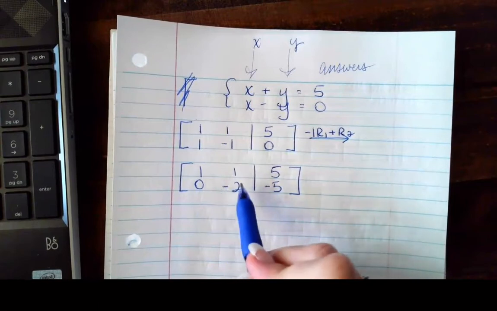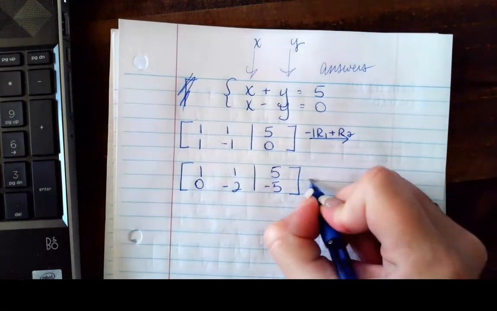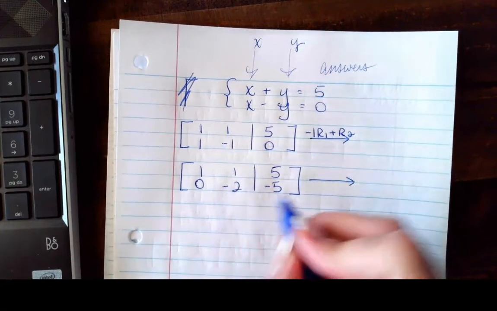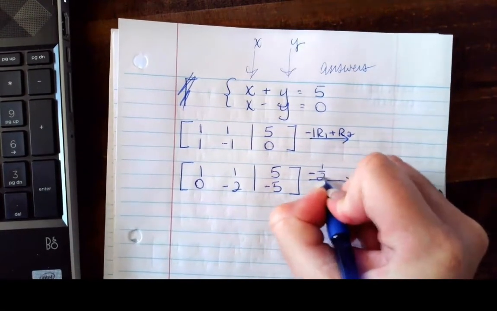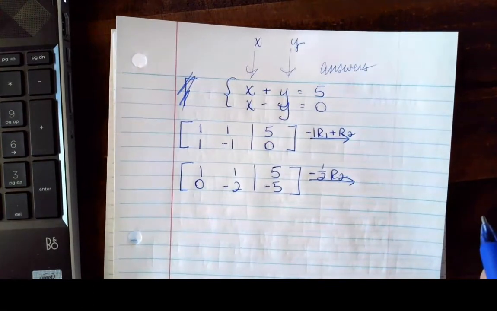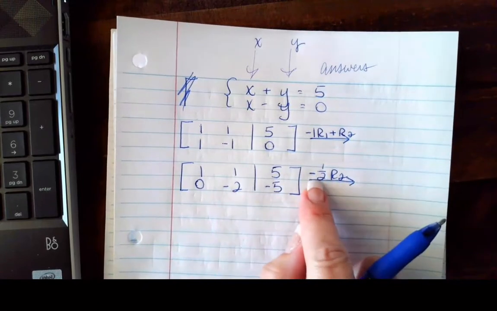This needs to be a 1. How do we generate a 1? Either using multiplication or division. Because we're using shortcuts, I'm just going to say take a negative half of row 2. What is negative 2 times negative 1/2?